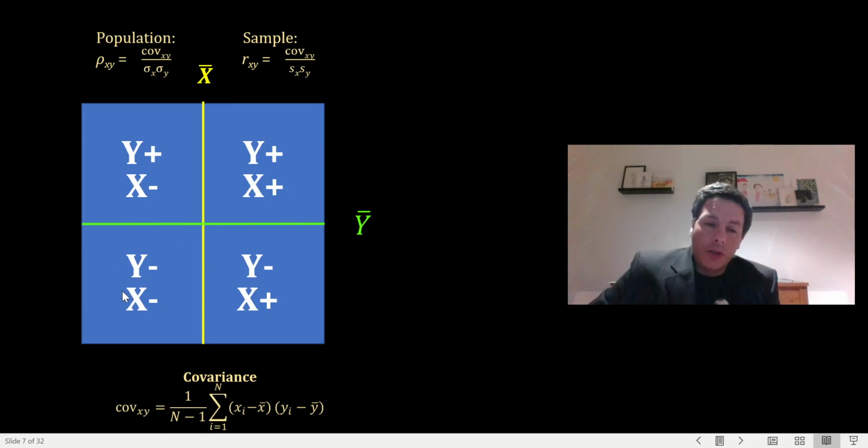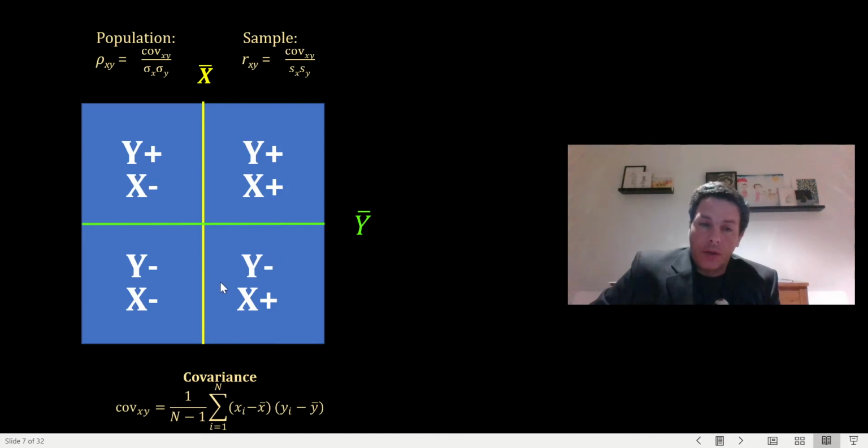So can you imagine if the values are in this diagonal, then you're going to see values here and values there. And so most of the values will be positive when we do the multiplication. On the other hand, if the values are in this diagonal, we will have values in which one of the variables is a positive value and the other variable is a negative value.